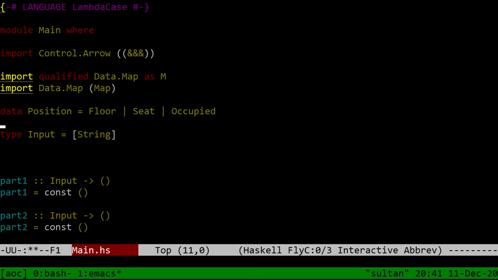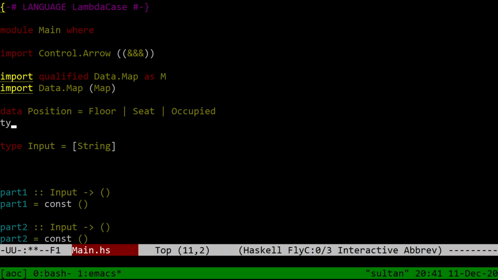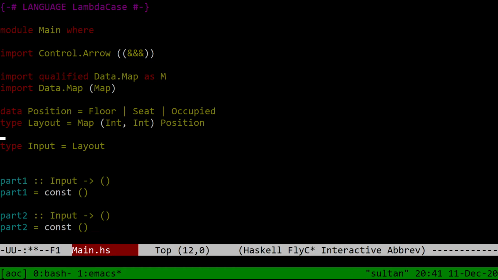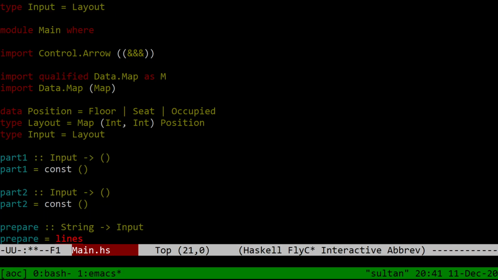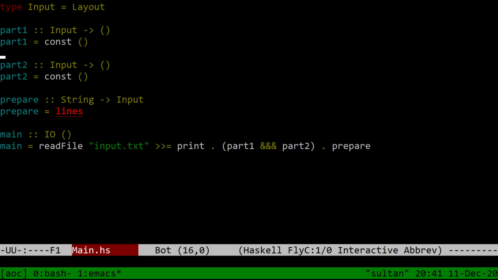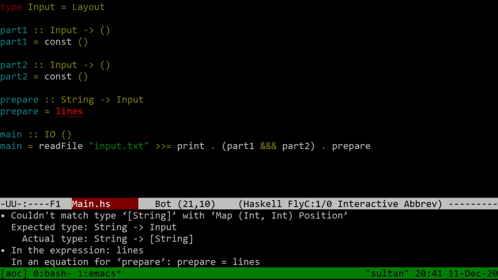But we can say that our type layout is a map from int and int to position. And our input, I think, should just be a layout. And we can read this somewhat simply.